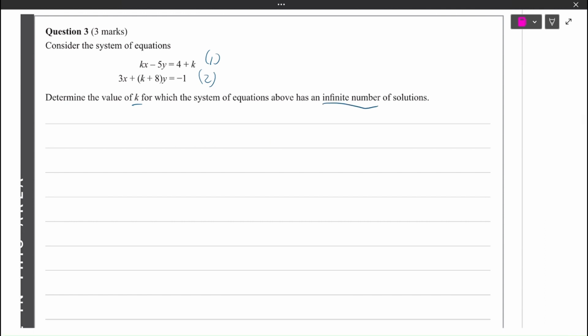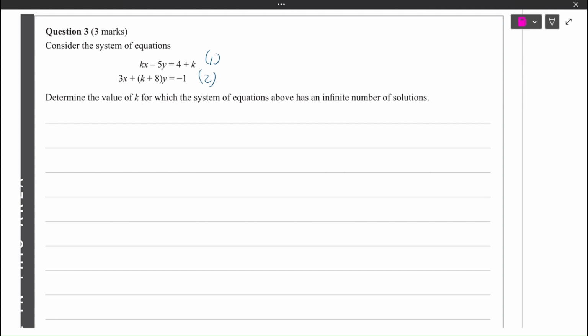So this means that they equal each other at every point for infinity. If this is our first graph, then the second one has to equal it, so it has to also fall on this line, and therefore at every value of x they equal each other, and therefore they have an infinite number of solutions.